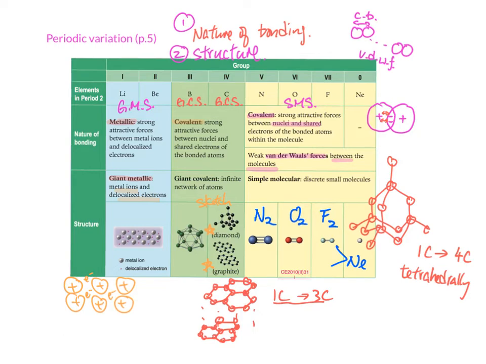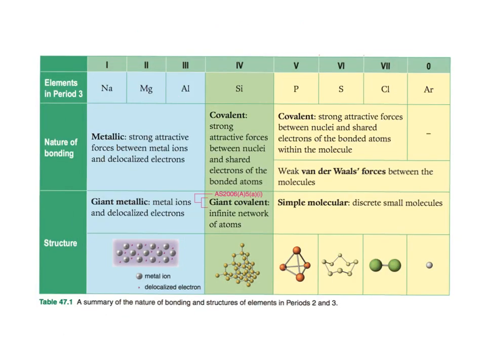Now we move on to periodicity in period 3. Something very similar happens. The first 3 are giant metallic structures, held by the delocalized electrons and the metal ions. And then silicon is a giant covalent structure. The one that we learned is silicon dioxide, but actually silicon itself can also form a giant network, very similar to graphite, or rather very similar to diamond.